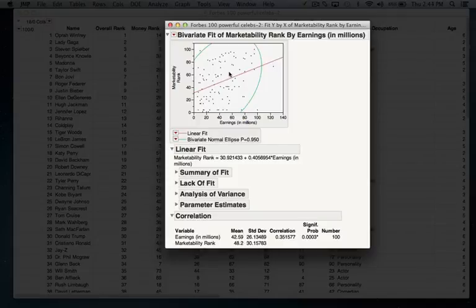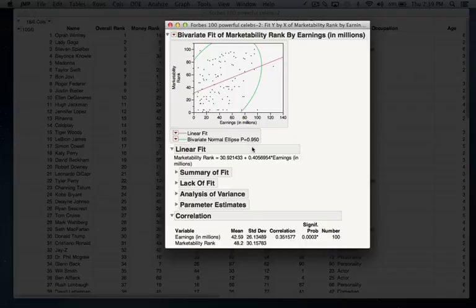Correlation of 0 would be that there was an equal distribution of points along 20, 40, 60, 80. So at earnings in millions of 20, there was the same distribution of points as at 40, at 60, at 80, so there would be no correlation between earnings in millions and marketability rank if the distributions of points were similar in 20, 40, 60, and 80.